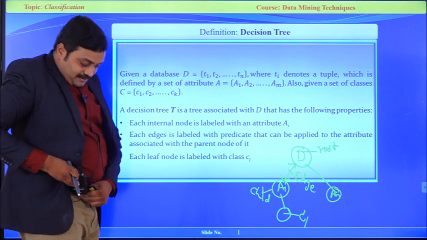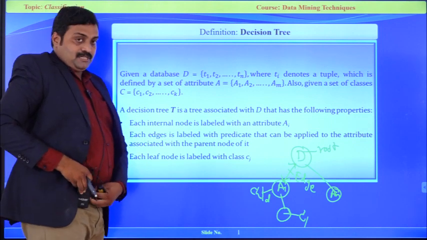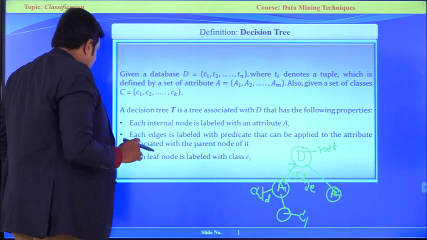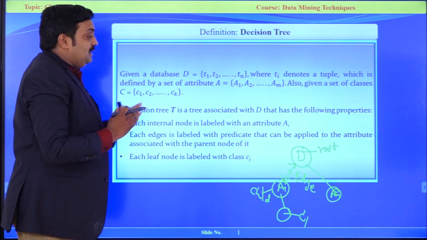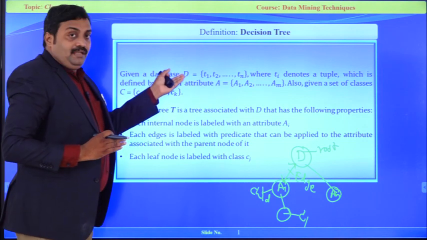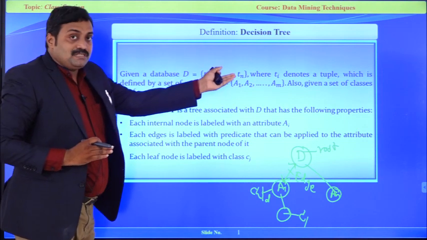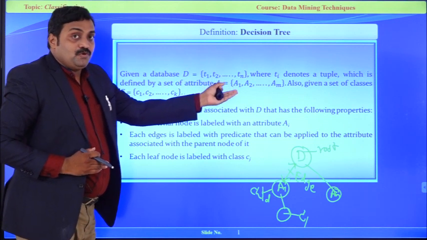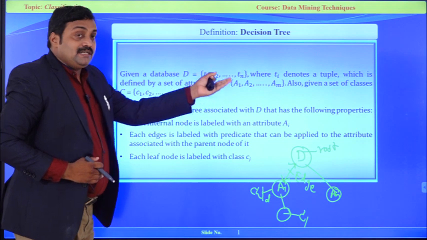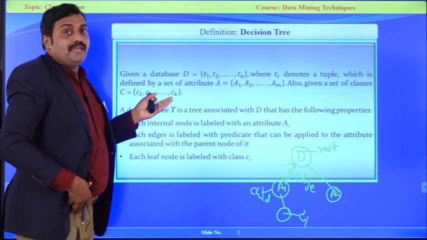So, a decision tree is nothing but this: we have the database D with n number of tuples, and each tuple having m number of attributes. In that, there are classes C1 to Ck.